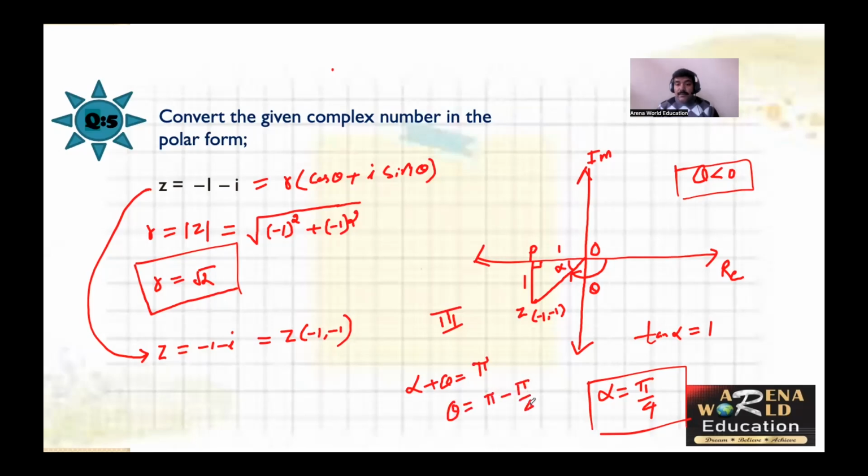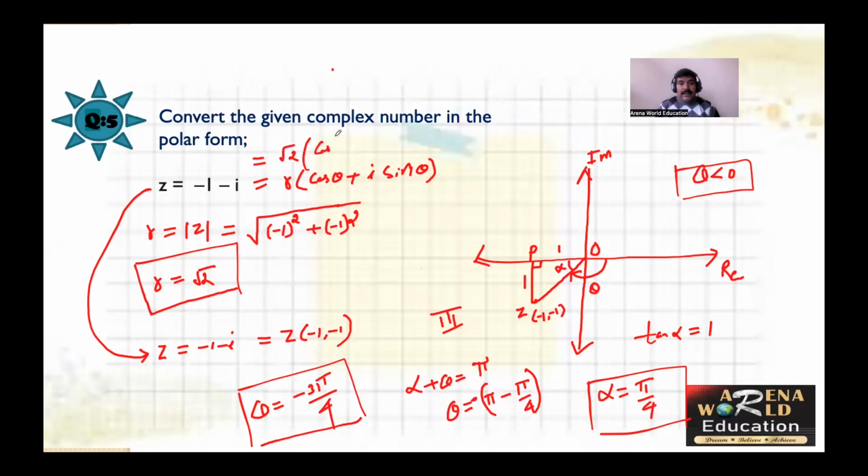It will be pi by 4. And we had already discussed value of theta will be what? Value of theta will be negative. So I'm adding negative outside. So what is final value of theta? Yes, I'm writing here. It is minus 3 pi upon 4. This is the argument of complex number, right? So what is the required polar form? Yes, R is what? R is under root 2.